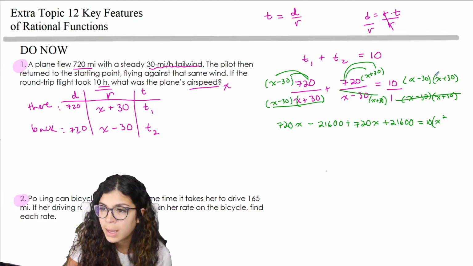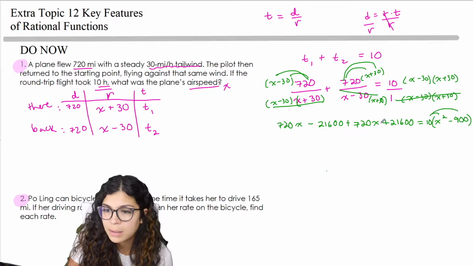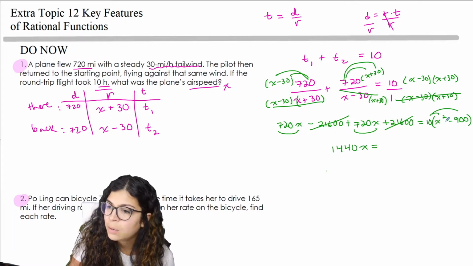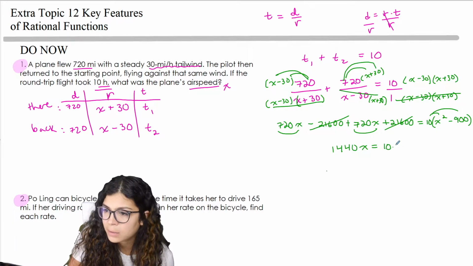Negative 30 times positive 30 is negative 900. Then I distribute 10 and combine like terms on the left. Negative 21,600 plus 21,600 cancels, and 720x plus 720x is 1440x. On the right, distributing 10, we get 10x squared minus 9,000.